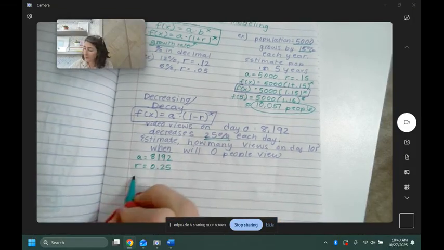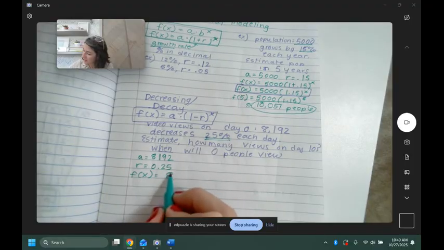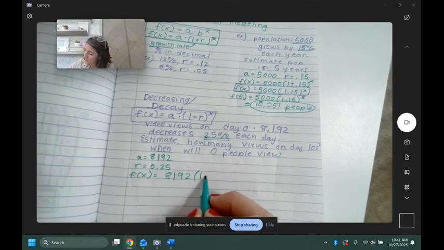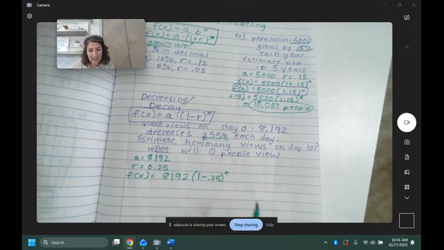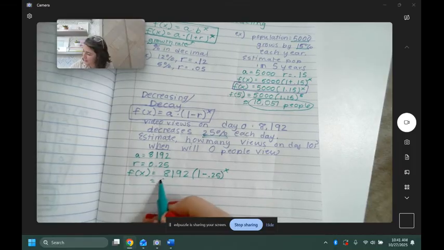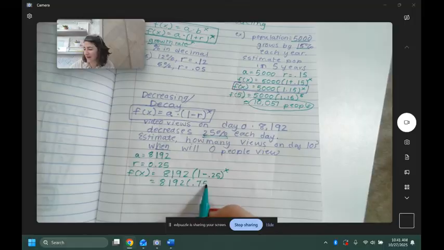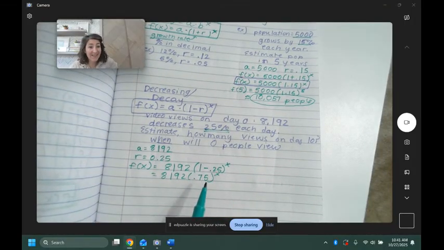So if I were to plug these into my decay function, 8,192 times 1 minus 0.25 to the x. Simplify this a little bit. 8,192 times 0.75 to the x. So this number in a decay will always be less than 1.